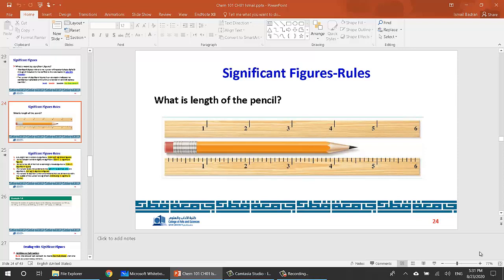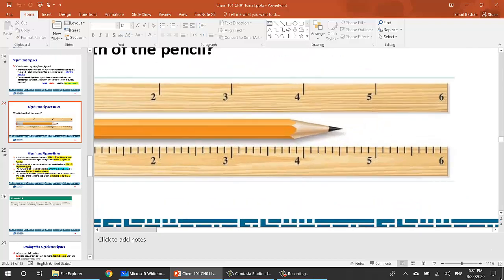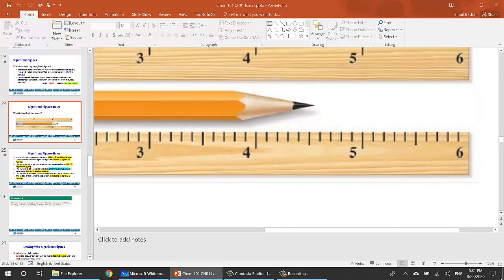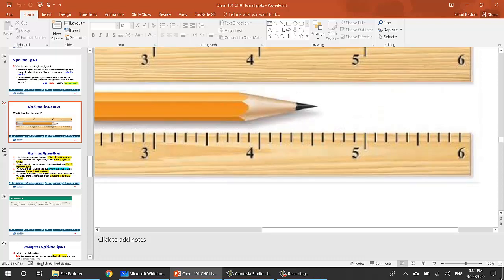And therefore, the top ruler will give you two significant figures. The ruler at the bottom, however, is more accurate because there are increments between the 4 and 5. If you zoom in, the first thing you have to do is determine what each line represents. Between 4 and 5 there are 10 spaces, and therefore each space represents 0.1, or a tenth of a digit. So now you can say that the pencil is 4.5 something.